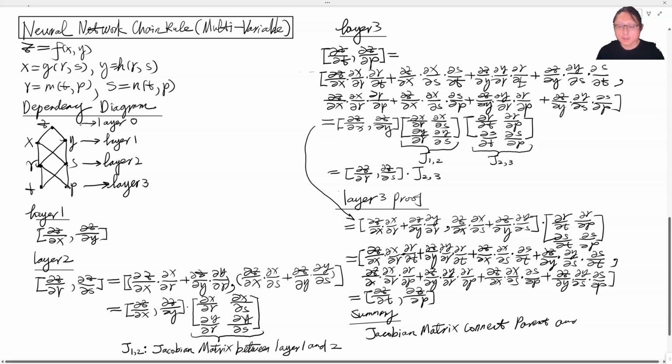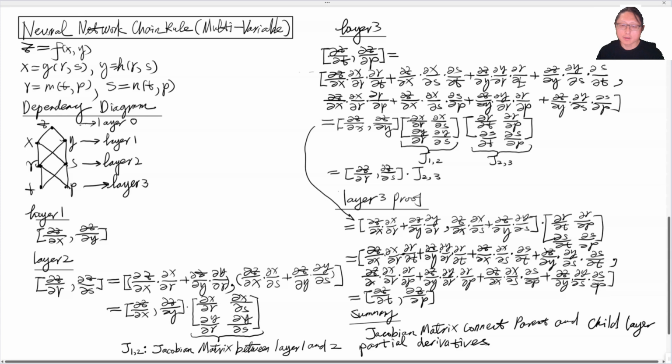The Jacobian matrix connects the parent layer's and the child layer's partial derivatives and gives you a good relationship. So once you know the parent layer's partial derivative and you know the relationship, you can use a Jacobian matrix to get the child layer's partial derivative.